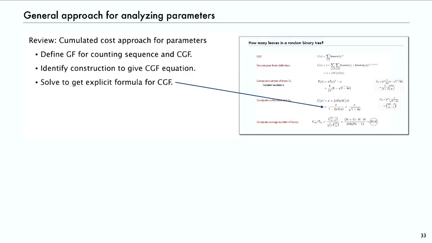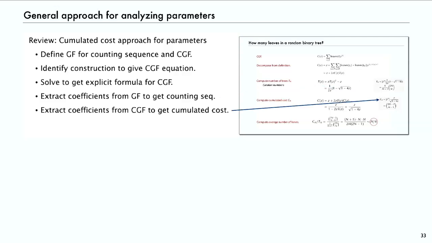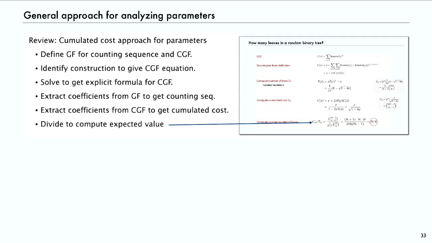Then we're going to either solve to get an explicit formula or find another way to extract coefficients to get the counting sequence and the cumulated cost. And then we divide the cumulated cost by the counting sequence in order to get the expected value. We did that for leaves in binary trees last time. That's the general approach that we typically use in analytic combinatorics to analyze parameters.